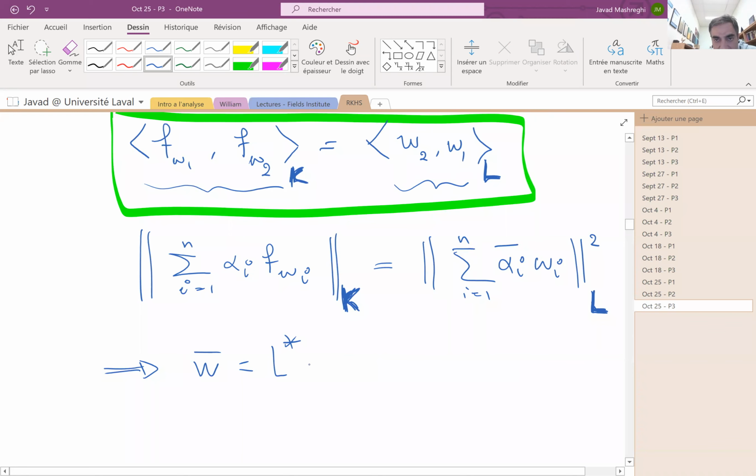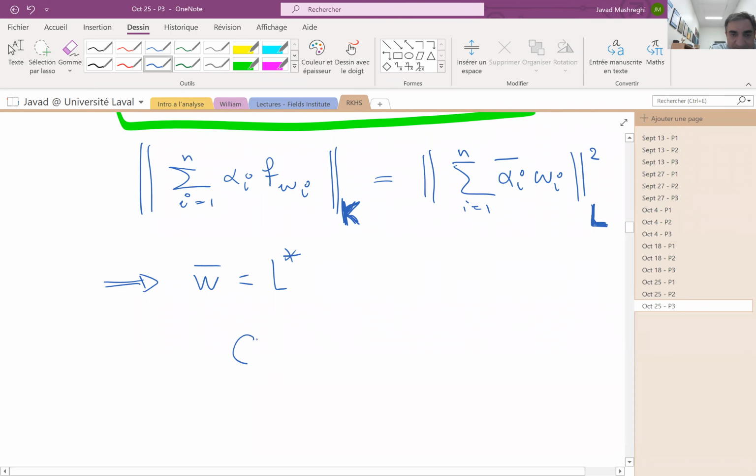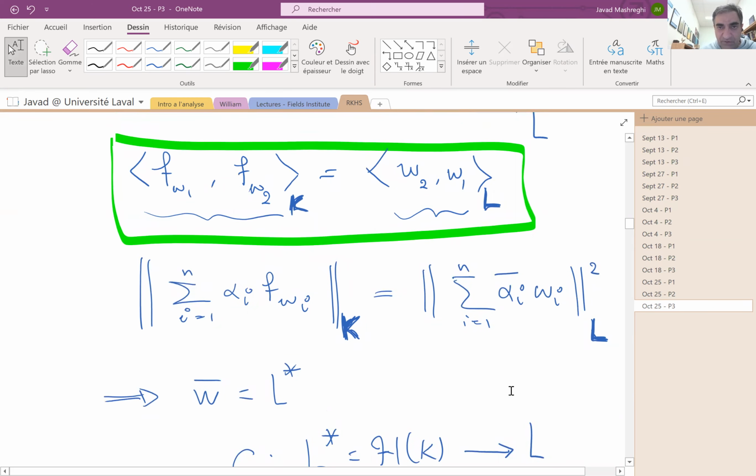And also we have an isometry, the isometry C from L star, which is our H of K, to L. It's enough just to say f_w maps to w, because as you saw above, you can put alpha_i inside, it becomes alpha_i bar, and then sum and obtain the same thing.